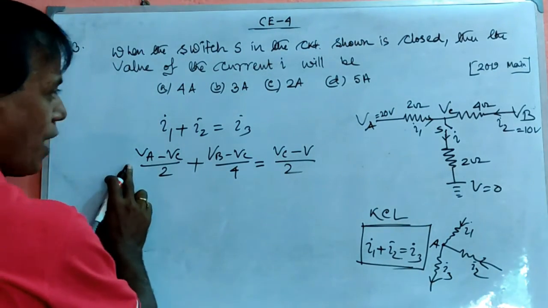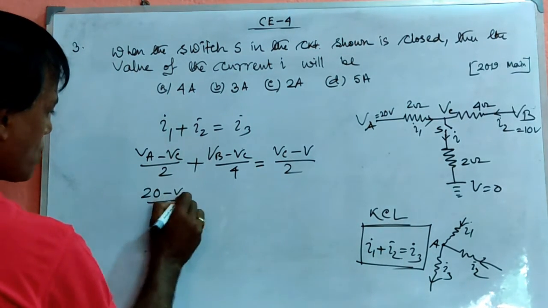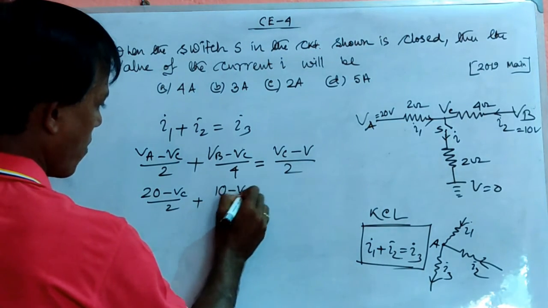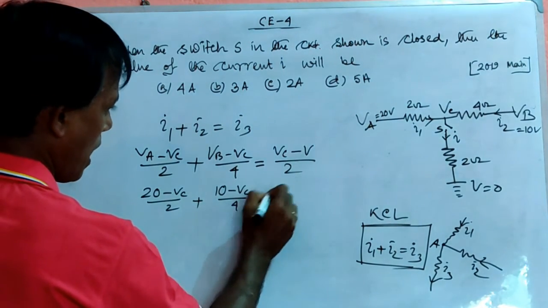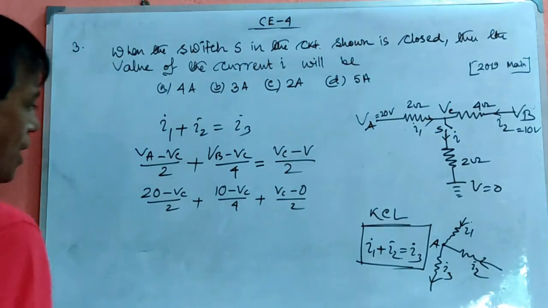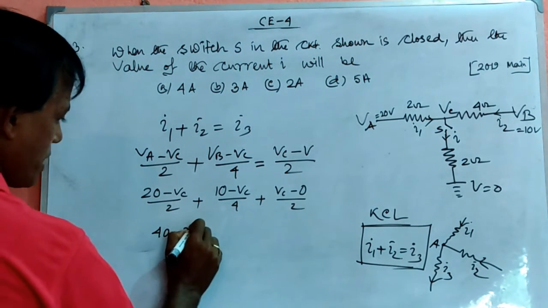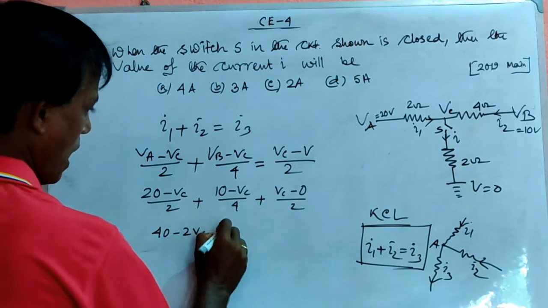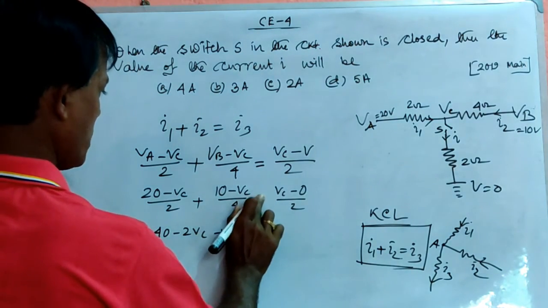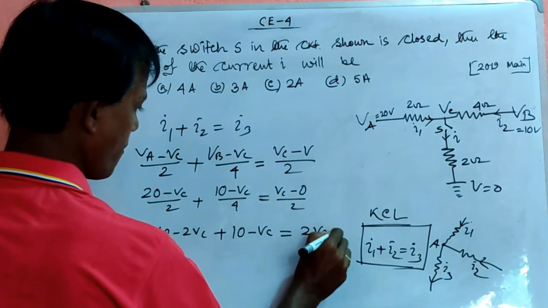Now if we put the values, (20 minus VC) by 2 plus (10 minus VC) by 4 is equal to (VC minus 0) by 2. If we calculate this, 40 minus 2VC plus 10 minus VC is equal to 2VC.